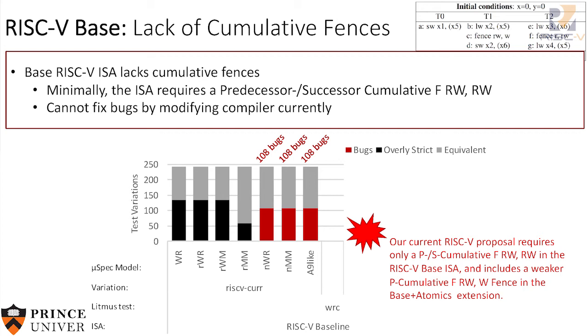So just to explain this chart, along the bottom, this WR, RWR, et cetera, are just microarchitectural models that we implemented in our domain-specific language that express various ranges of weaknesses that are allowed by the current memory model. This WRC at the bottom is just a name for one of the small programs we tested.